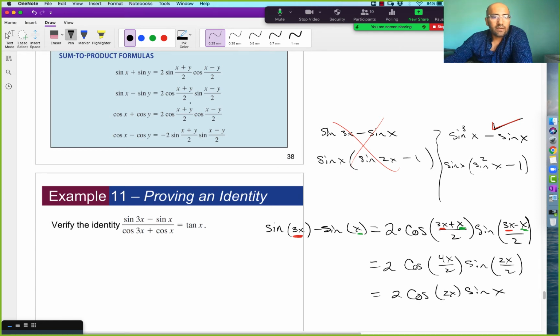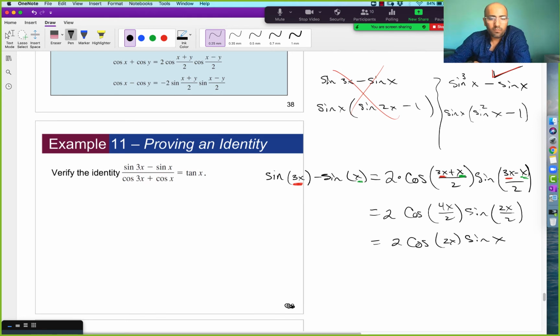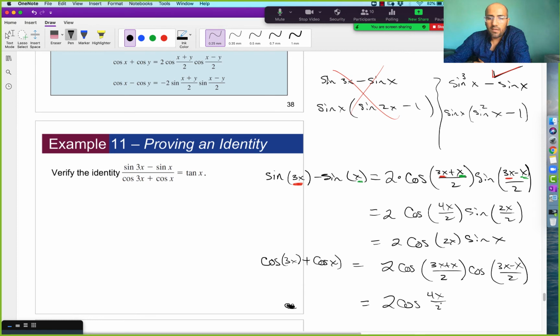We end up with cosine of, add the two angles, divided by 2, times cosine of subtract the two angles, divided by 2. So let's put it right here. So this is going to be cosine of 3x plus cosine of x is equal to twice cosine of 3x plus x divided by 2, cosine of 3x minus x divided by 2, and that'll be 2 cosine of 4x over 2, cosine of 2x divided by 2.